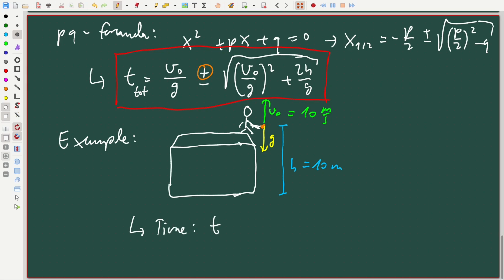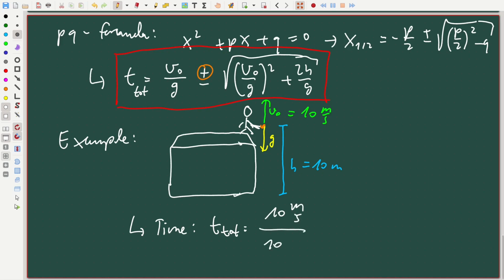Then we can directly calculate the total time from that, which would be t tot, given as, and then the formula we have to apply, so I can directly insert the values here. I don't have to write it down again. So our v0 here would be 10 meter per second.